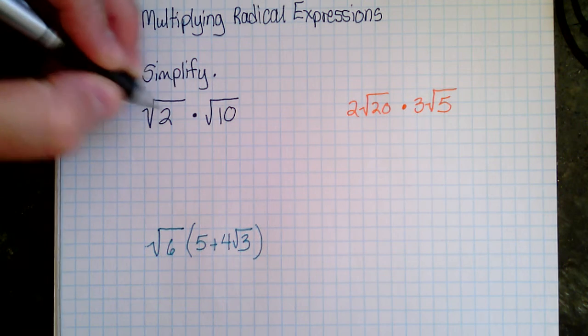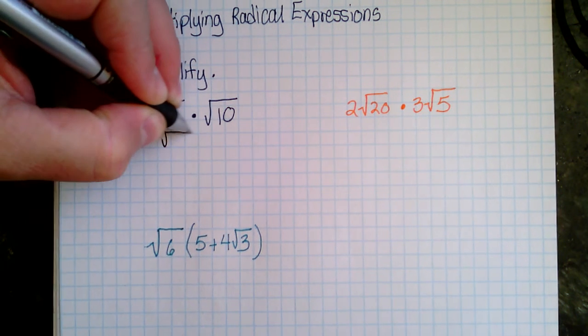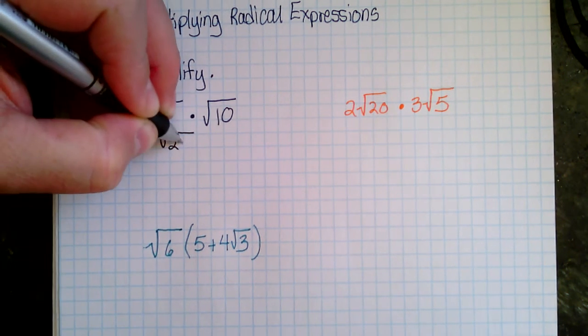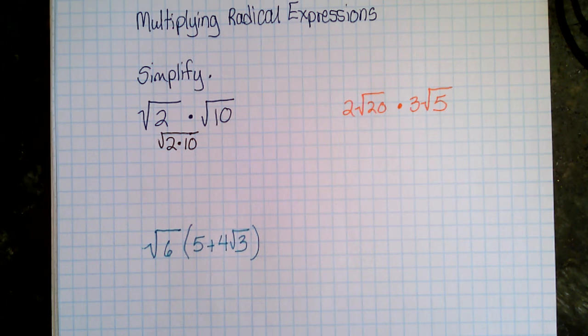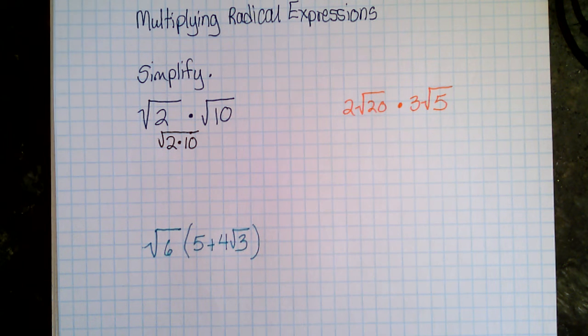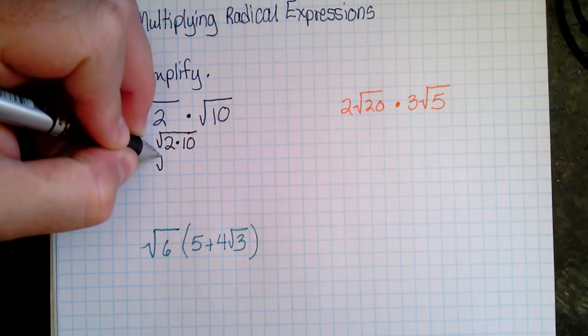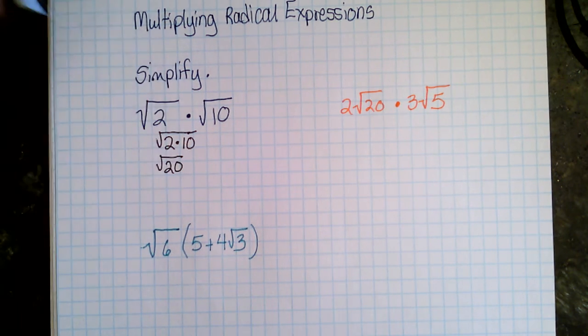So if I multiply these two numbers, the mental steps are that you can put these together as 2 times 10 under 1 radicand. Go back and look at the product property for radicals. So that ends up being root 20.